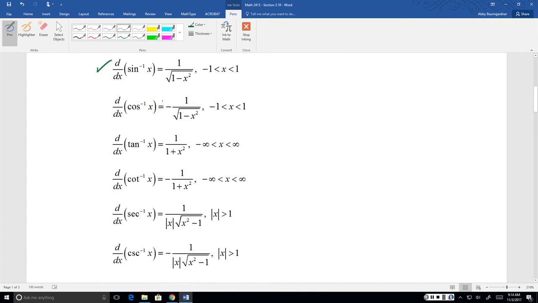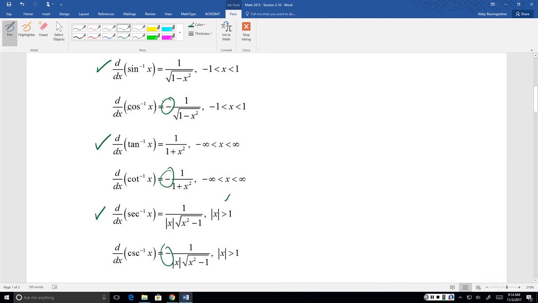Memorize sine, memorize tangent, memorize secant, the derivative of their inverses, because cosine inverse is just you negate sine inverse. Cotangent inverse is you negate tangent inverse. Cosecant is you negate secant inverse.